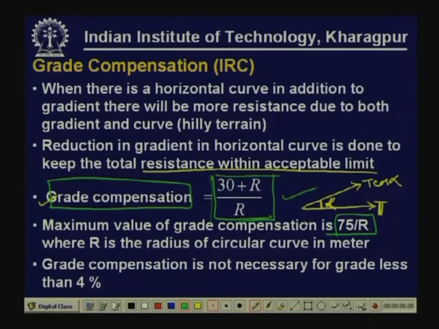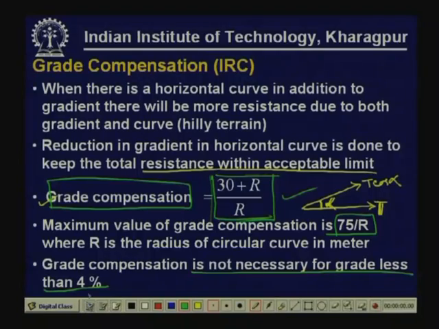Also, grade compensation is not necessary for grades less than 4%. So, if the initial grade is less than 4%, there is no need of providing grade compensation. Also, if the initial grade is steeper than 4% and we are going for grade compensation, then we need not use a grade below 4%, because anyhow if it is less than 4%, we need not go for grade compensation.